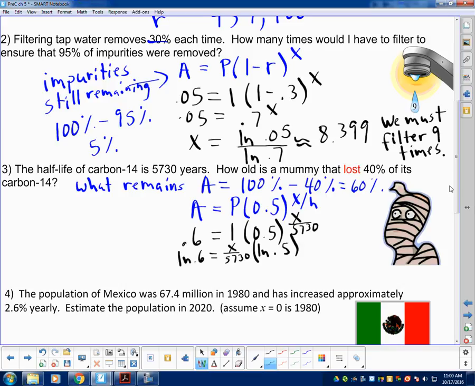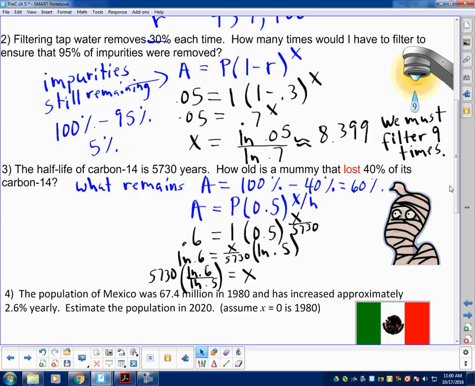So we're going to divide each side by ln of 0.5, so it's ln of 0.6 divided by ln of 0.5. And then we're also going to multiply by 5,730. And that will give us x. So ln of 0.6 divided by ln of 0.5 multiplied by 5,730.